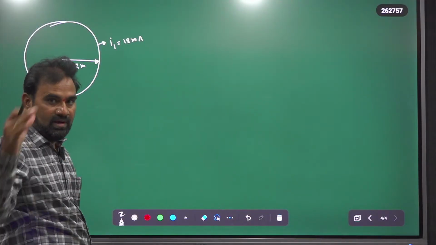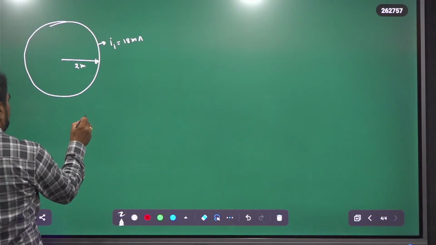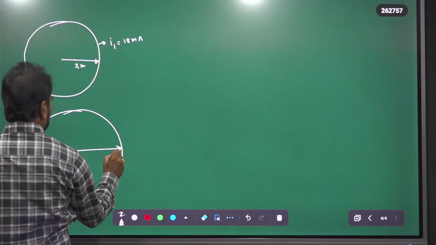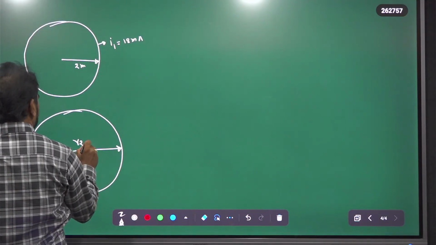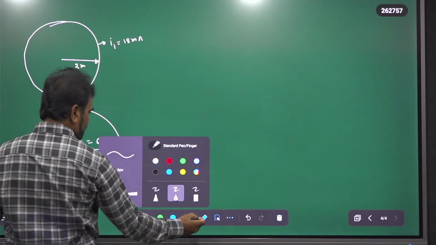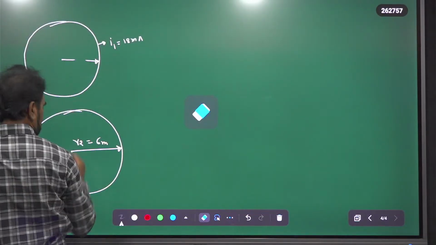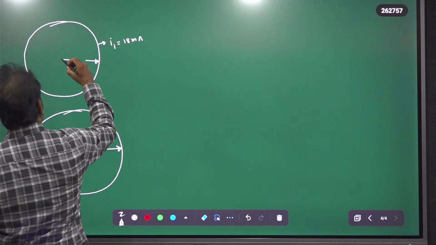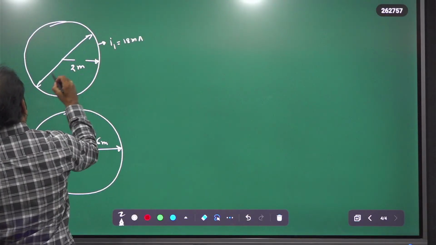If the radius of the point source is increased, where R2 is equal to 6 meters, how much current would it produce?